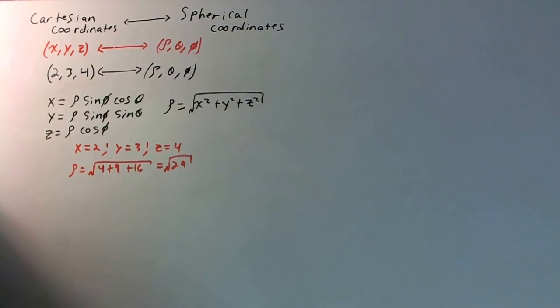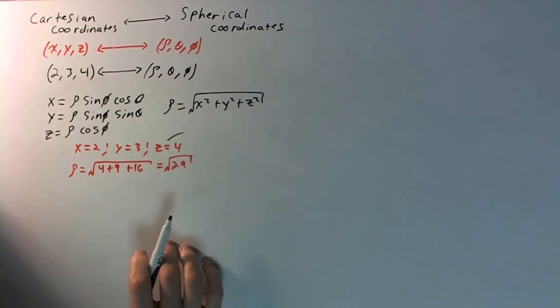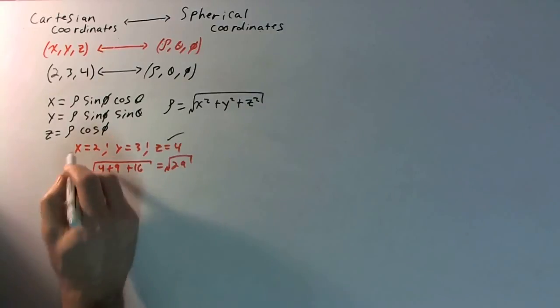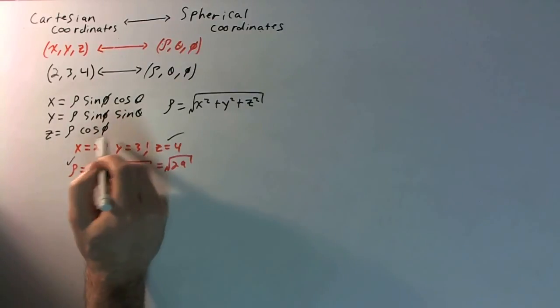Since rho is the square root of 29, then we can use the fact that z is equal to rho times the cosine of phi, right? We know z already, because we're told z. Z is 4, right here. And we know rho, because we just found it. And so therefore we can solve for phi.